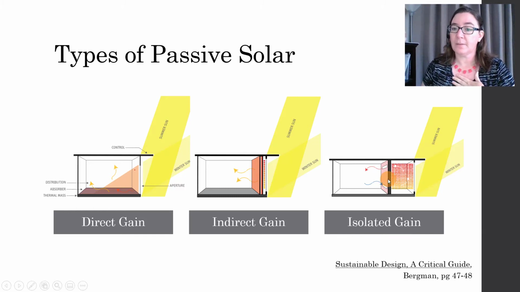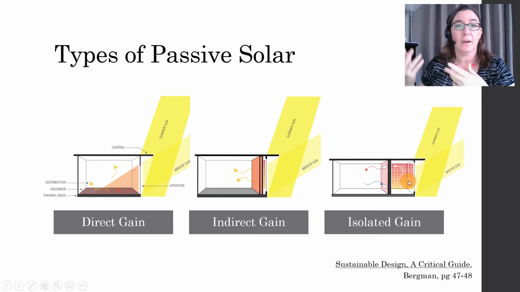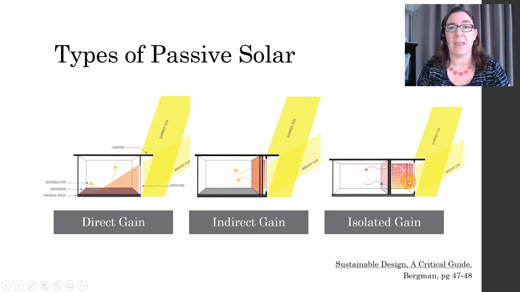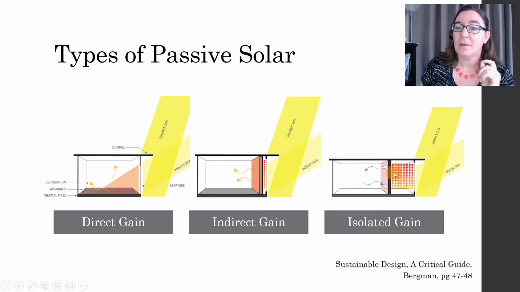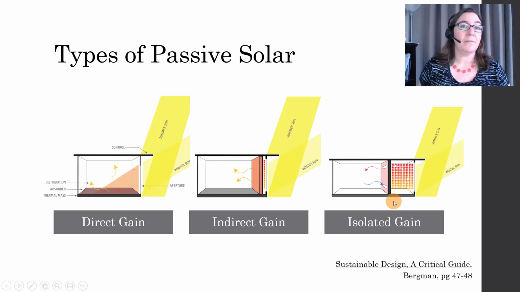You can see that in this design, this sun space right here is going to collect the heat, which is then transferred or circulated into the main space. You can do that with vents right here. So there's a little bit of manual intervention to open and close the vents when you need the heat, or you can add a small fan to help circulate that heat through the living space.